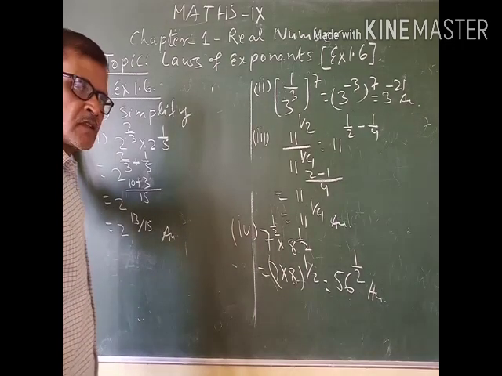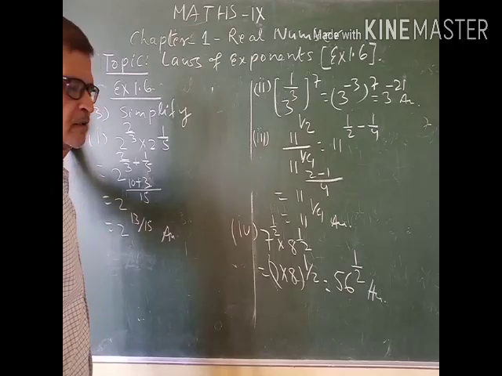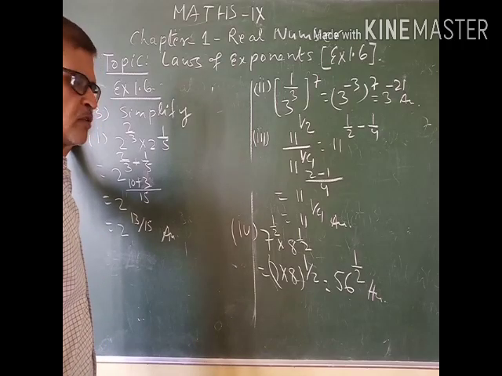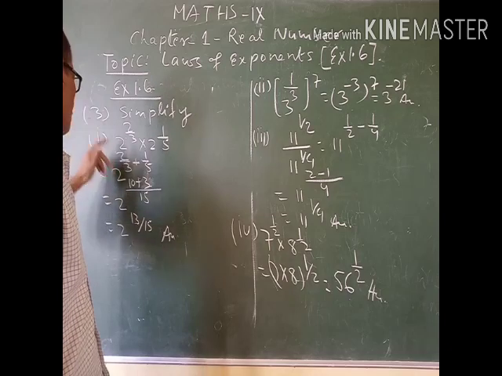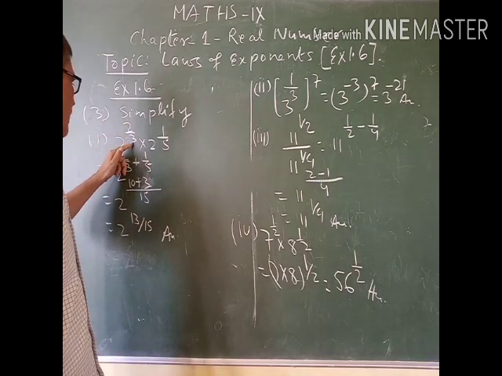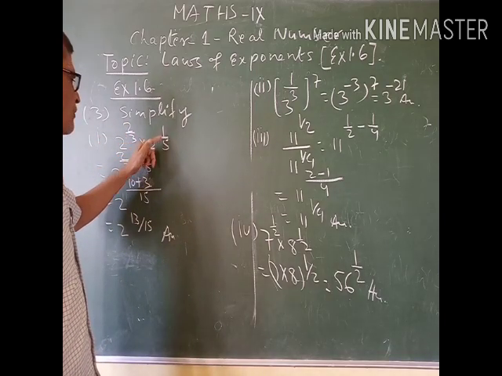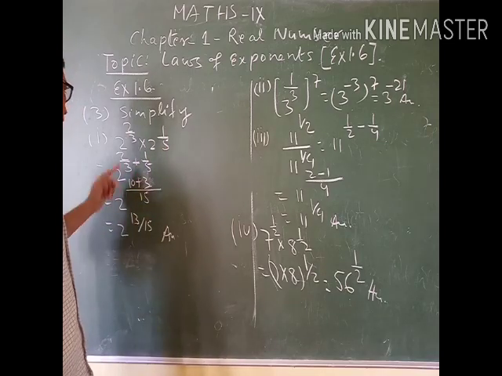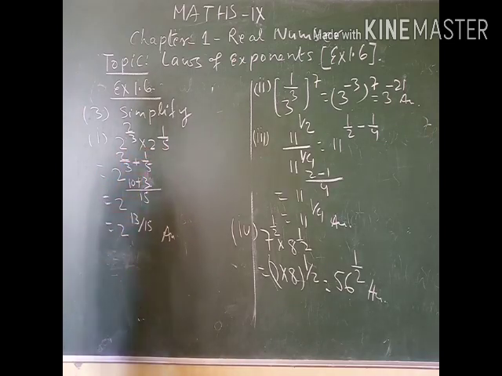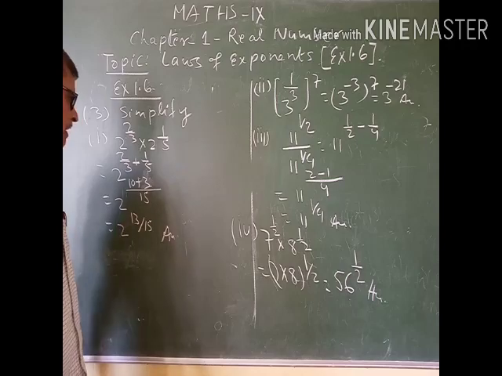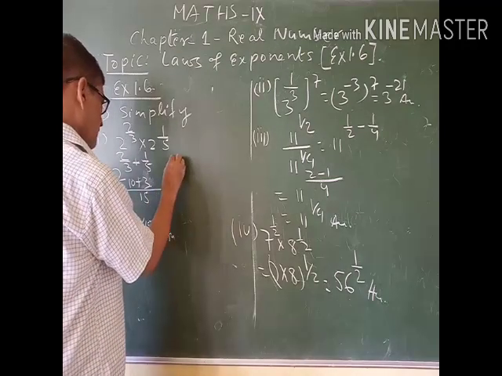Now question number 3 is you have to simplify it by using exponent laws. 2 to the power 2 by 3 into 2 to the power 1 by 5. You are observing that bases are same, so power should be added.